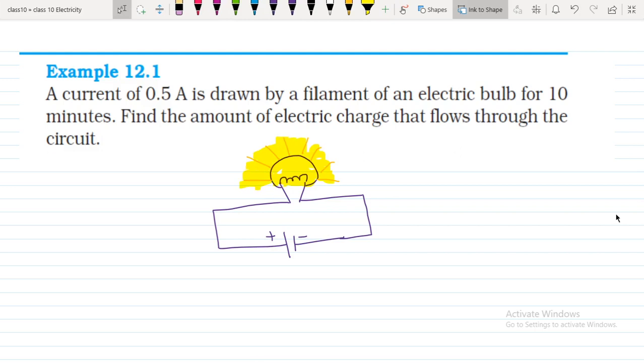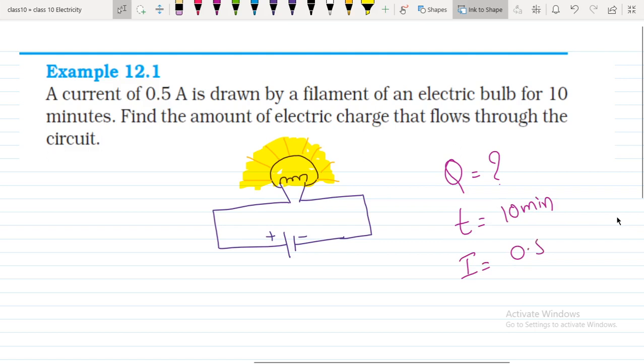Now here the question is: find the amount of electric charge that flows through the circuit. So I need to find charge, Q. Sorry, Q we are representing with a capital. Anything you take, no problem. And time T is given as 10 minutes, and current I is given as 0.5 ampere.